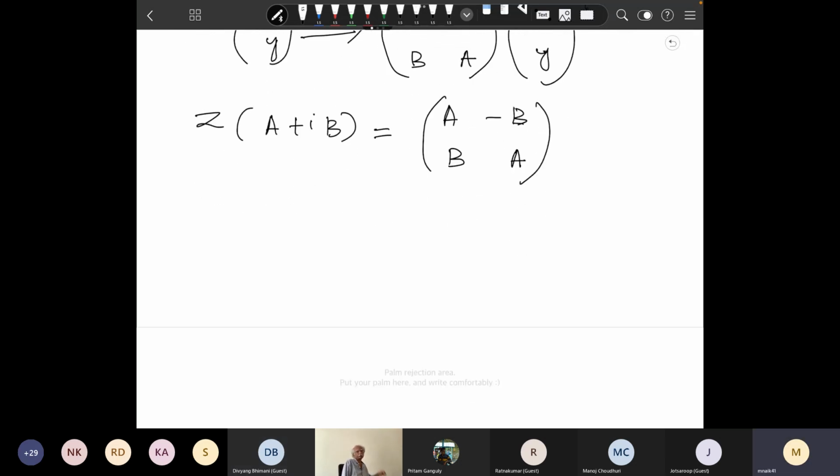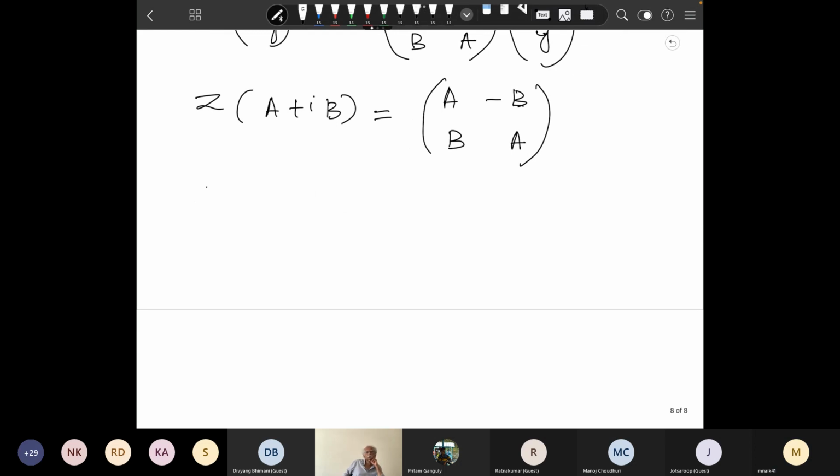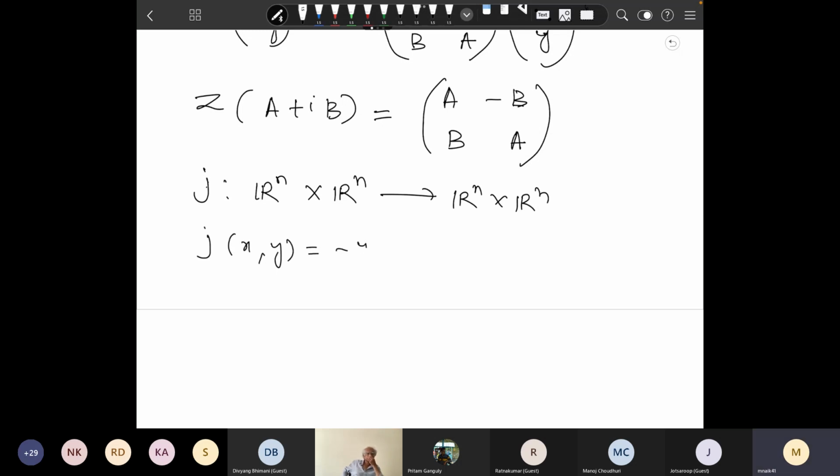Now what is J? J is from R^n cross R^n to R^n cross R^n given by J of (x, y) is equal to (minus y, x). If you look at the matrix representation, on R^2n we are taking the standard basis, and on C^n also we are taking the standard basis.